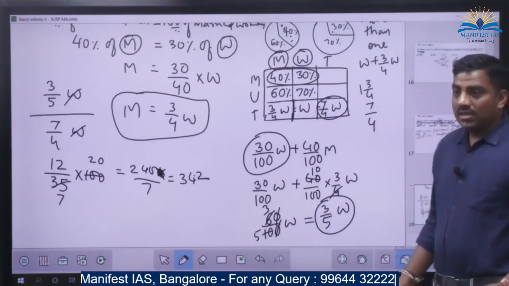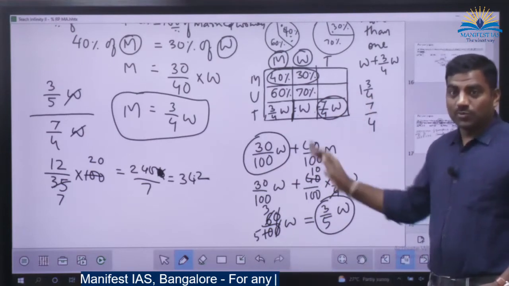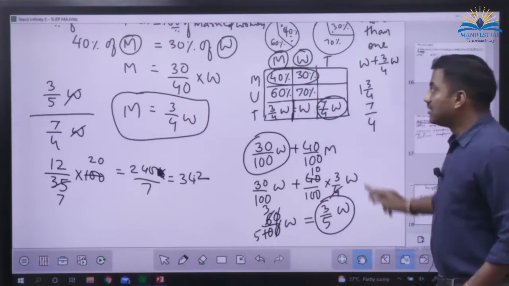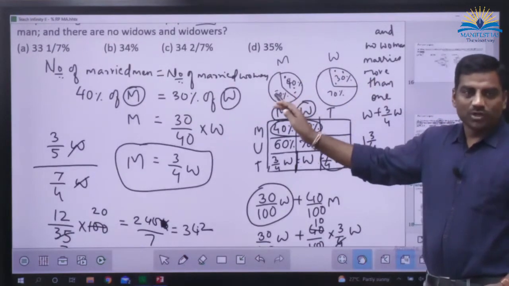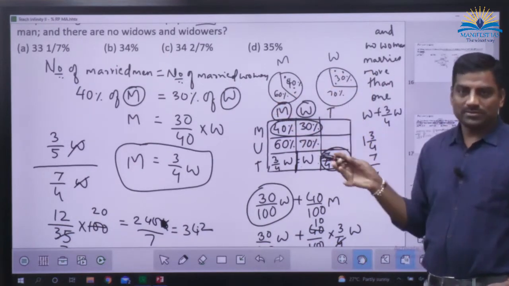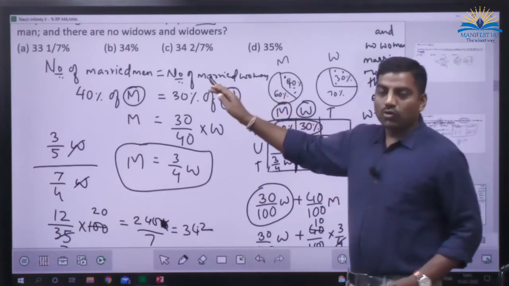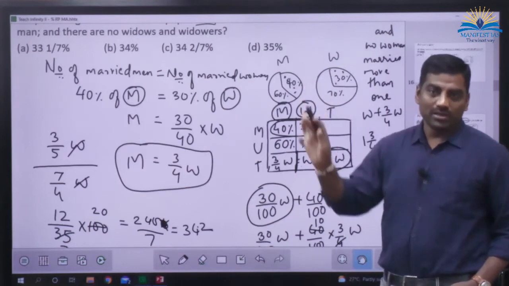See, I don't expect that you will solve this problem in the examination. First of all, this will not flash to your mind. If this has to flash to your mind, it needs a lot of practice. Okay? But I have told you this. Number of married men is equal to number of married women.